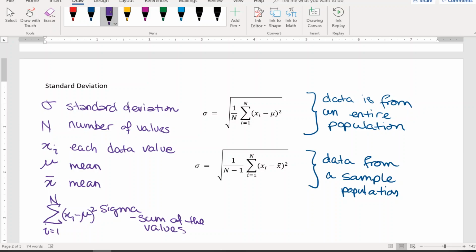Now we take that sum and divide it. When we're looking at an entire population, we divide it by n, and then we take the square root. That is called the standard deviation, and that helps us describe the percentage of the data that is clustered around the mean.